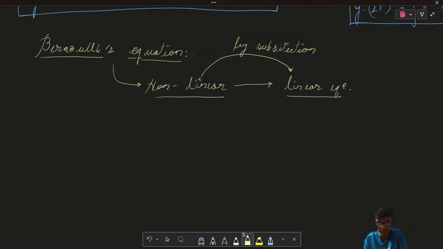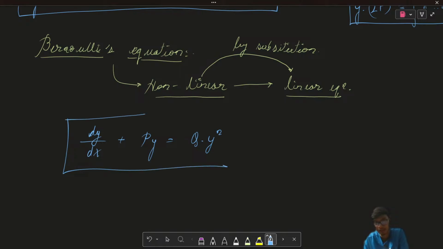So if I have a differential equation of the form dy upon dx plus p into y is equals to q into y to the power n, it is not a linear form of differential equation by looking at it at first, right? So if p and q are functions of x only, this form of differential equation is known as the Bernoulli equation, right?